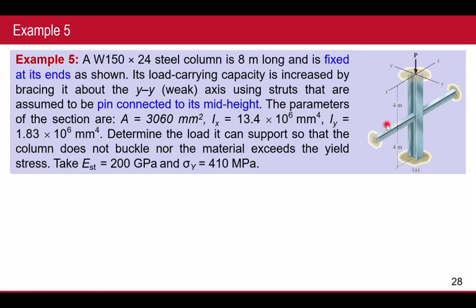The loads are in the YY direction here, and also pin connected at the midpoint. That's why we should know the situation. It tells you A, Rx, Ry, which means you don't need to work out any of this. Determine the load it can support so that the column does not buckle or the material exceed the yield strength. That's what we should find: this cannot yield or cannot buckle.